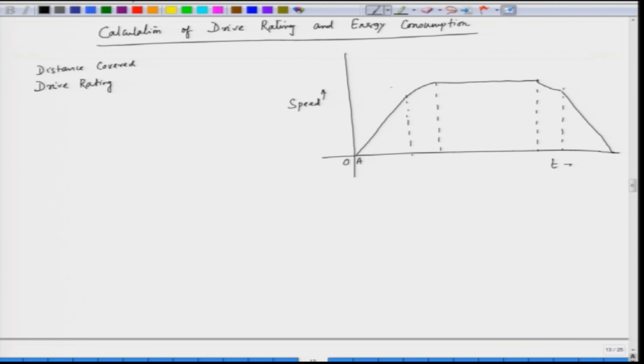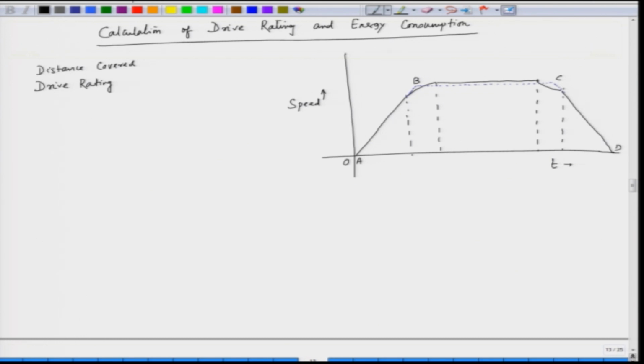What we do here is approximate this curve to be a trapezoidal curve like this. We call this A, and then this is B here, and then we have C and we have D in this case here.